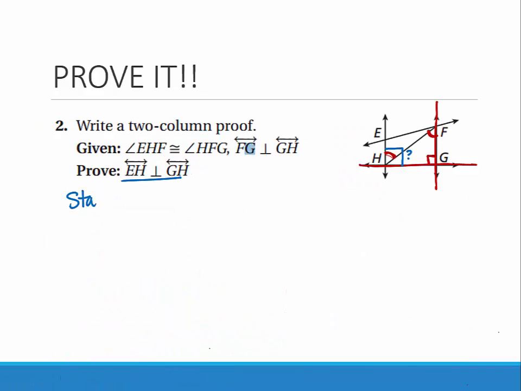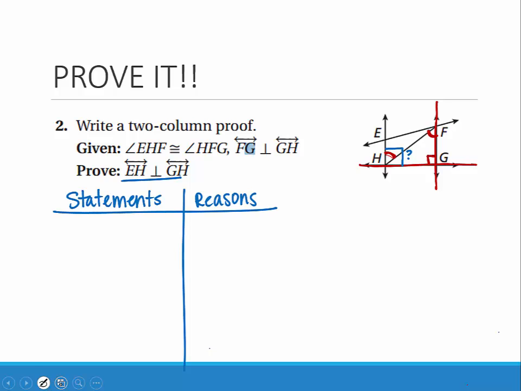Write out our statements and our reasons, and write down what they gave us. We know that angle EHF has to be congruent to angle HFG. Then think about what that means. What does it tell us that these two are congruent?